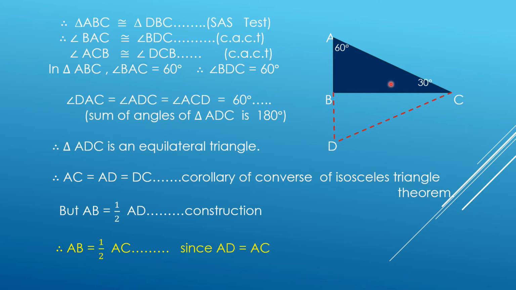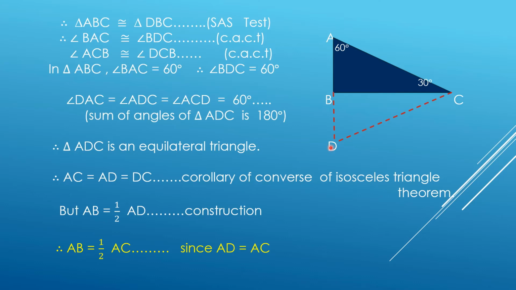Therefore triangle ADC is an equilateral triangle. Equilateral triangle means three angles and three sides of the triangle are equal. Therefore segment AC is equal to segment DC, which is equal to segment AD. That means side AC, side DC and side AD are equal.